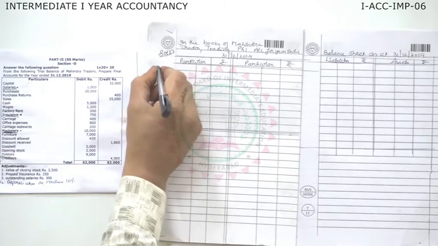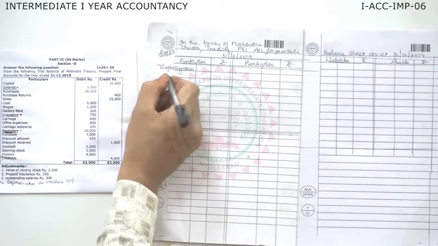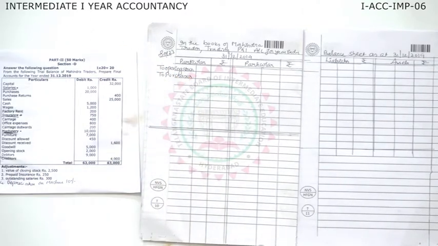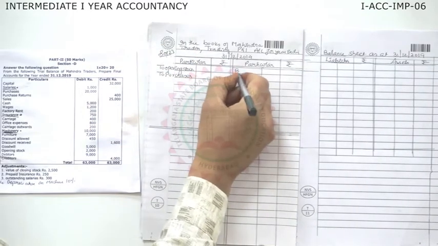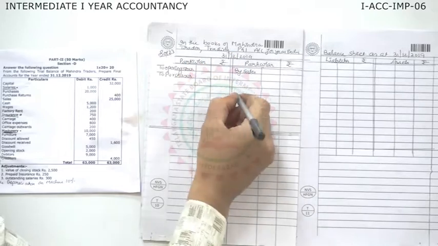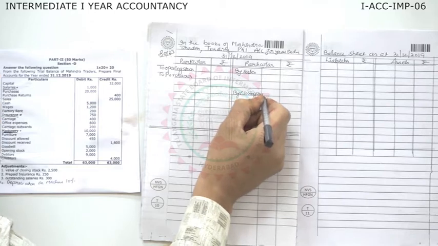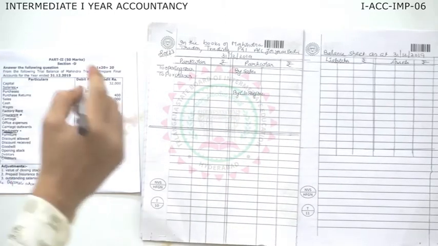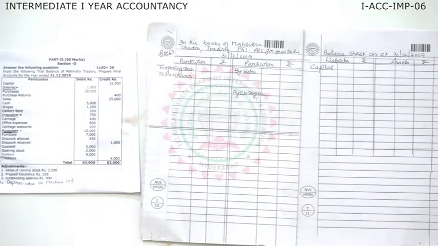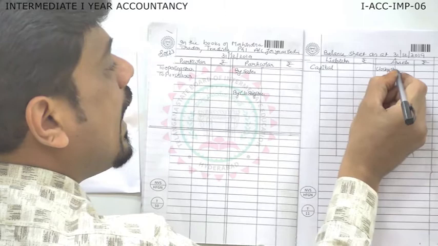In the trading account, first write opening stock, and second, purchases. On the credit side, write by sales, then give a gap of one or better two lines, then write by closing stock. Then on liabilities, write capital first. Similarly on the asset side, write closing stock and keep it ready.